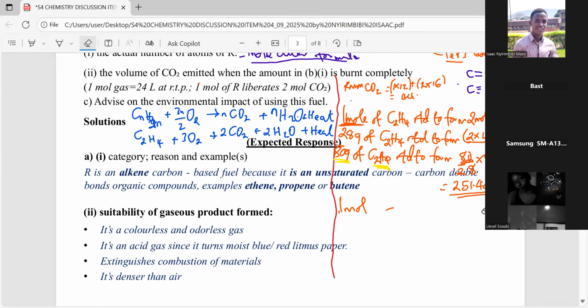Moles, and then we can use our moles to get the volume. So how do you convert this mass into moles? You recall we say that 251.4, and we start from there.